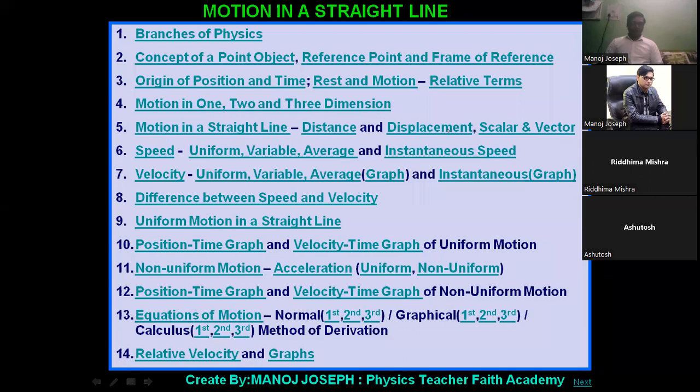So, it is your third chapter, motion in a straight line or motion along the straight line. There are 14 points in this chapter. Branches of physics, concept of point object, reference point and the frame of reference, origin of position and time, rest in motion and relative terms.